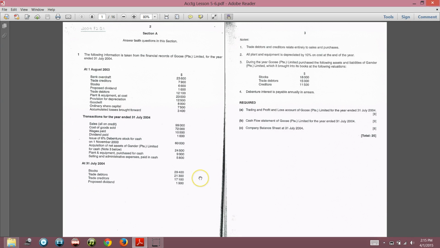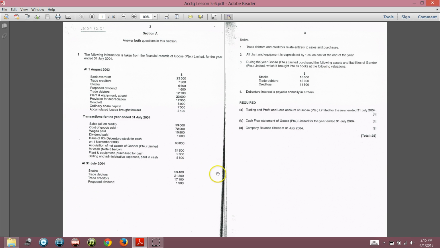If you want to make it even clearer in your answer paper, you can put an assumption note somewhere below the balance sheet, saying that it is assumed that the stock, trade debtors and trade creditors given in the question are inclusive of the assets and liability purchased from Gander Private Limited during the year.